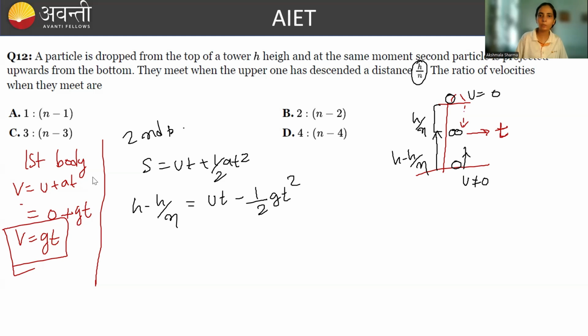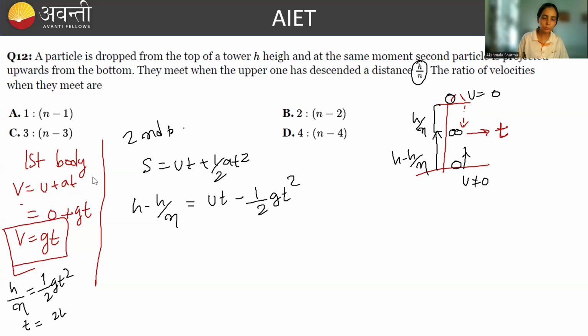Yes, we can, because if we apply the second equation of motion to the first particle, we will get the time. The first particle is coming down by h by n. Its initial velocity is 0, so ut is 0, and we have half g t square. So from here we can get the t value.